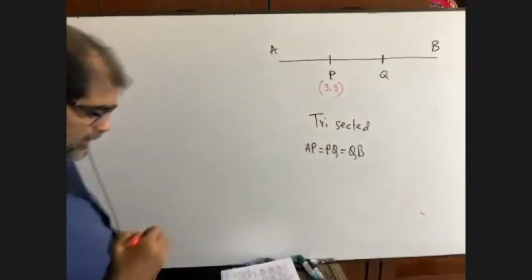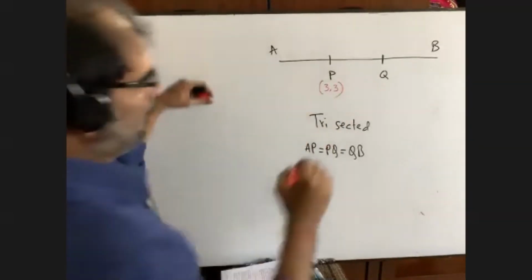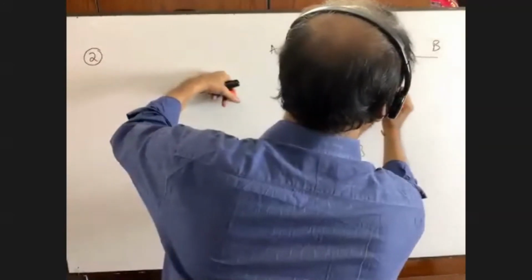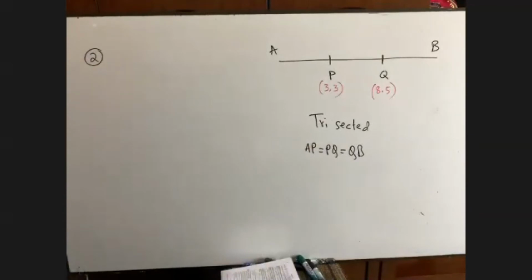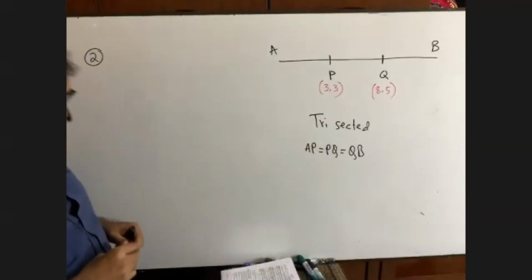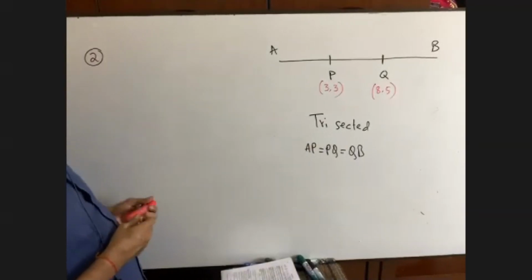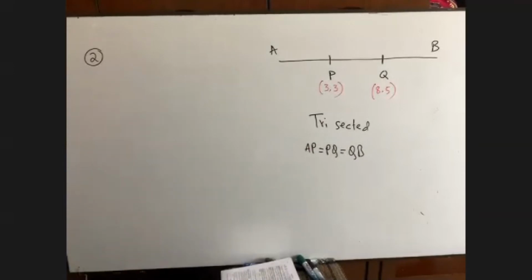And the coordinates of Q are given as 8, 5. Now you have to find the coordinates of A and B. Can you find it, please? Talk to me.